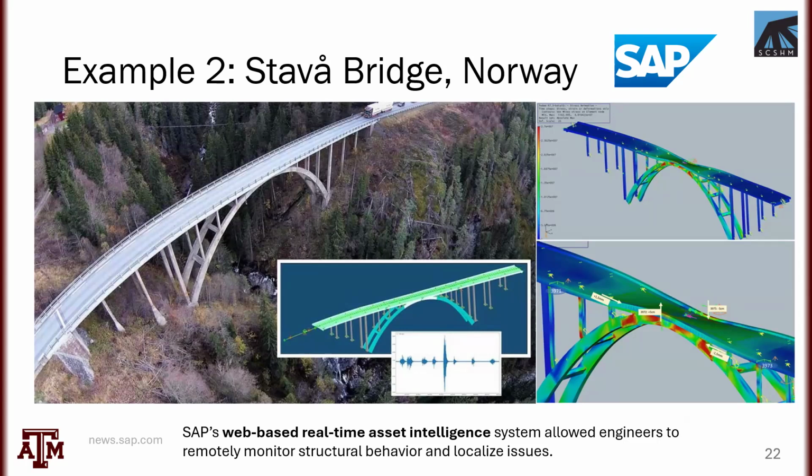What happened in the year 2021 was there was a serious structural flaw found in one of the components of this bridge that notified the inspectors to come out, and they did. They were deployed. They were able to confirm the deficiency, which led to the full closure of the bridge. And they had to basically build an interim bridge temporarily until a final bridge was built many months later.